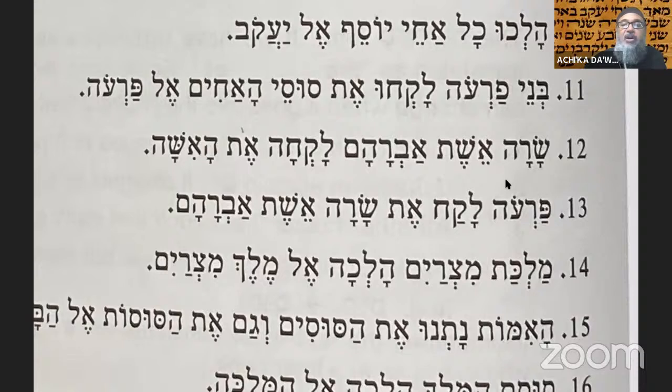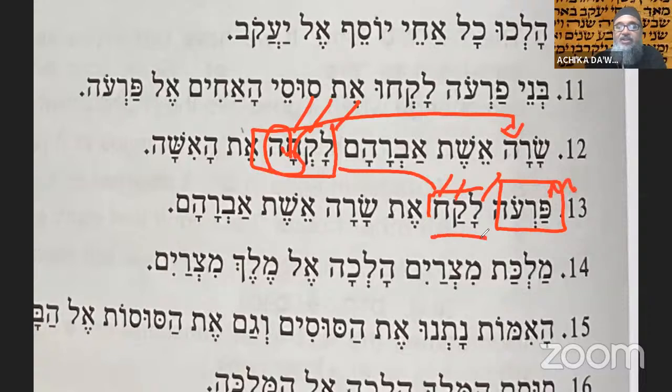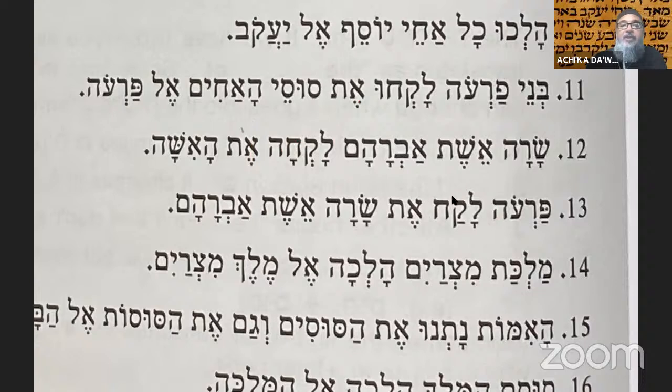The next one is Paro. And then we know that it's masculine because it doesn't have a feminine ending. Like the lakaka here is not the same here. Same letters, lamed, kof, and chet. Lamed, kof, and chet. Those are your vocabulary words, right? It has the tav on it because it's feminine. Sarah's the one who took it. Here, this is masculine, so there is no tav on the end of this. And it's going to point you directly to what Paro took.